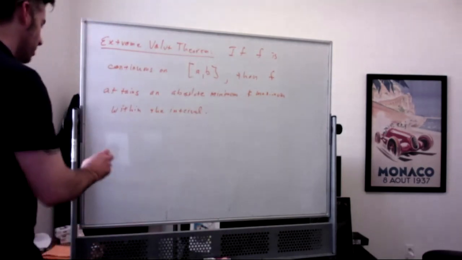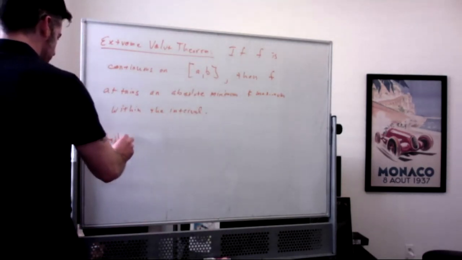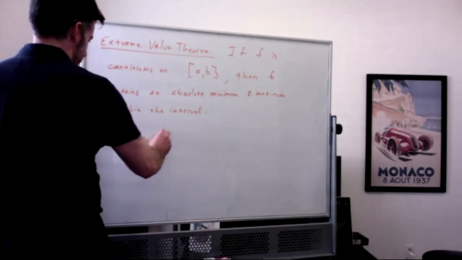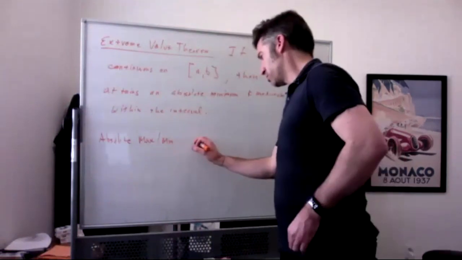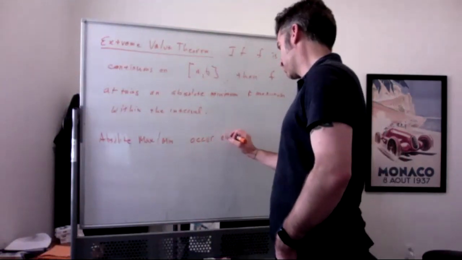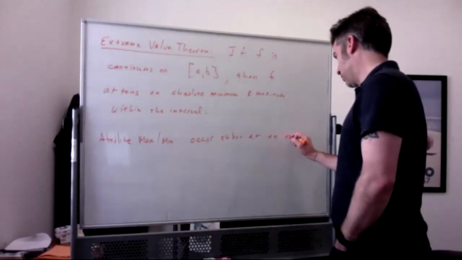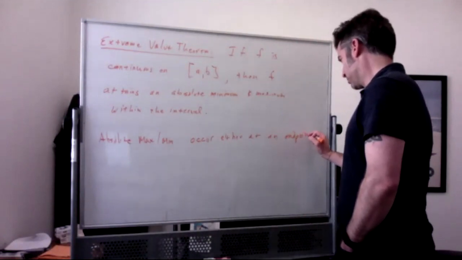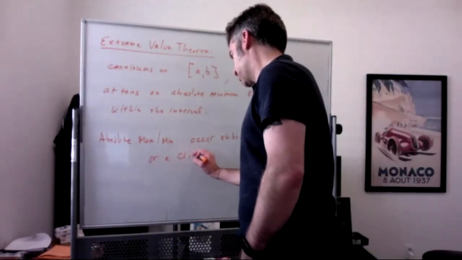Furthermore, the absolute max and min occur either at an endpoint, so a or b, or a critical point.